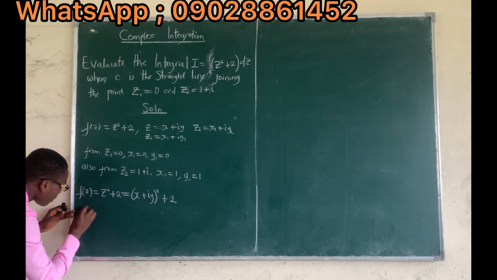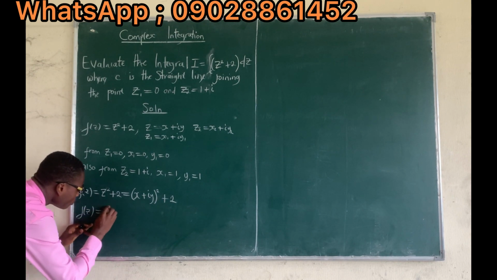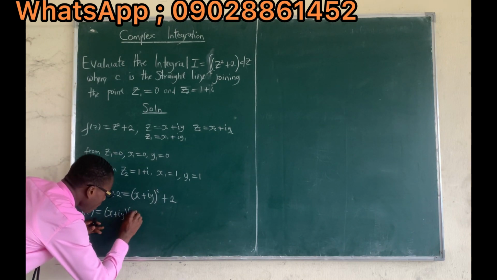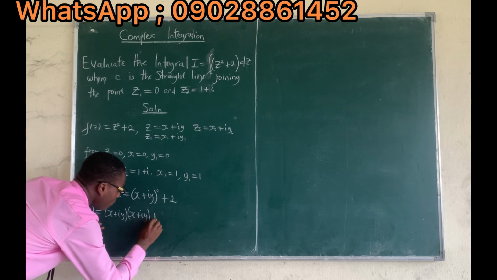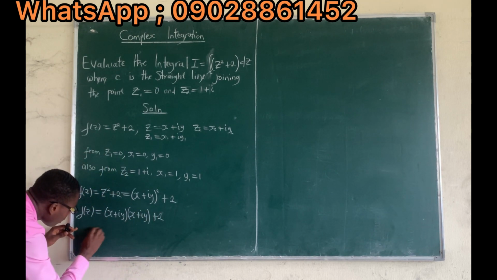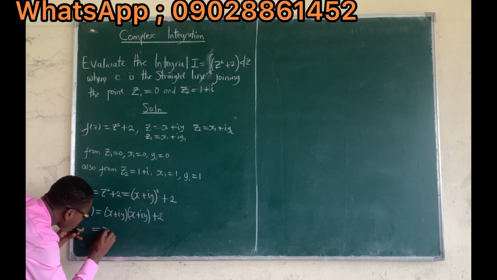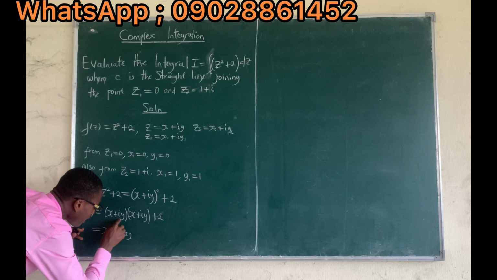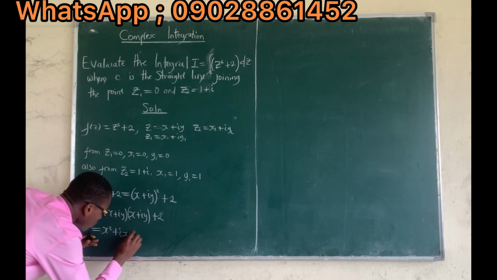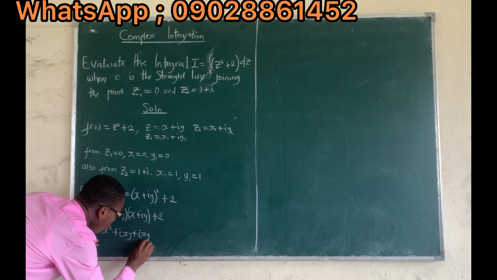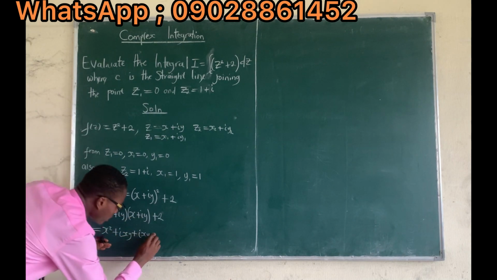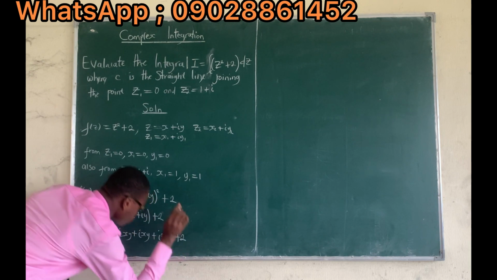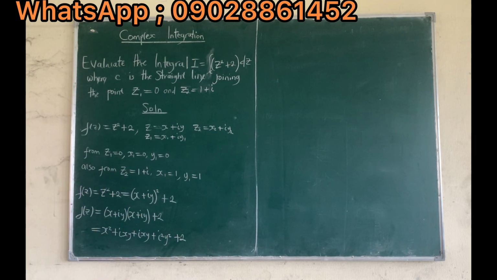We have x plus iy times x plus iy plus 2. So x times x gives x squared, x times iy gives ixy, iy times x gives plus ixy, and iy times iy gives i squared y squared, plus 2.